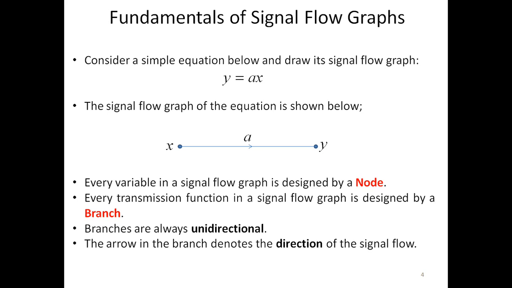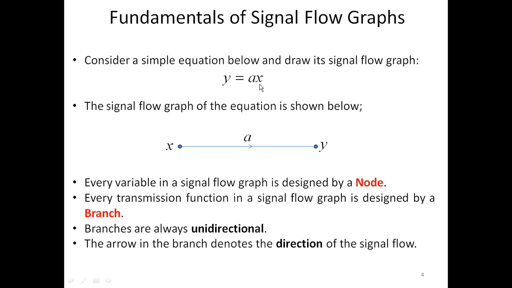Here a few properties are there. Every variable in a signal flow graph is designated by a node. Here there are two variables y and x, so we put two nodes. As many variables, as many nodes must be present in the signal flow graph. Every transmission function in a signal flow graph is designated by a branch. Between two nodes there must be a branch if a relation is given in the equation.